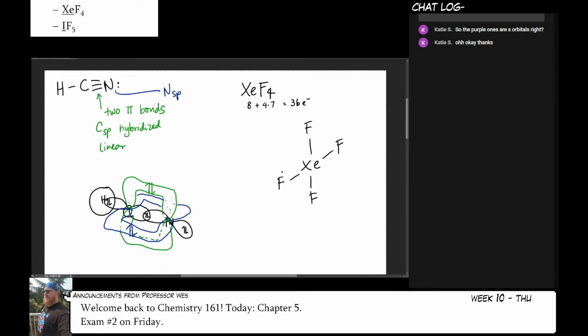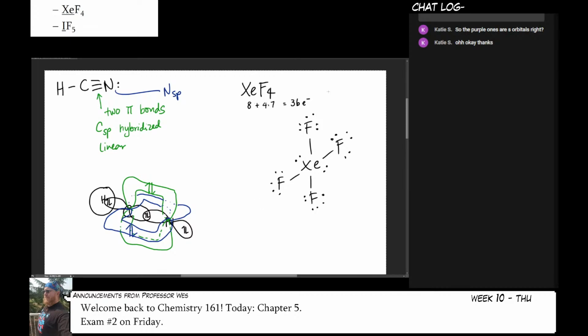I got 2, 4, 6, 8 electrons, 10, 12, 14, 16, 18, 20, 22, 24. Because I'm just doing octets, right? 8, 16, 24, 32. And then 33, 34, 35, 36. So that's what that looks like.